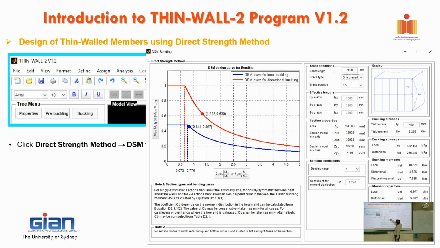So it's showing you a design curve. This is the local buckling curve, and this is the distortional buckling curve. So interesting here, you can see local buckling is lower. You know why? Because of interaction between the local and global. Okay, so that's why. But then interesting here as well, it gives you the lateral restraint as well.